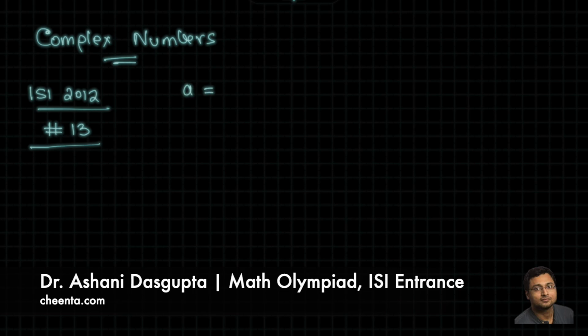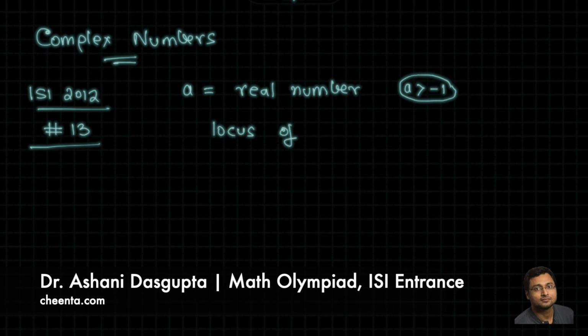We have a fixed real number which is given as a. It's also given that a is greater than -1. Now we want to find out the locus of all complex numbers z such that a given condition is satisfied.